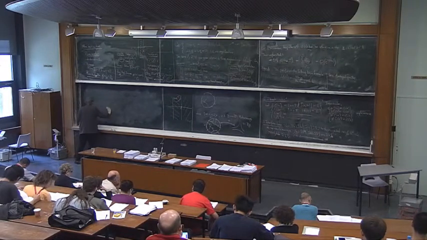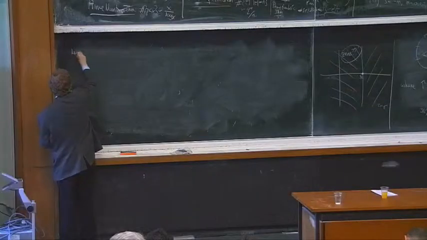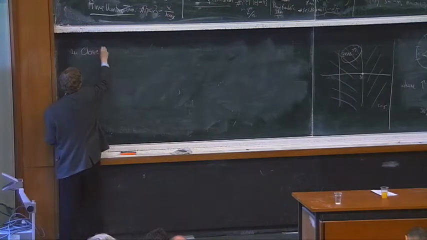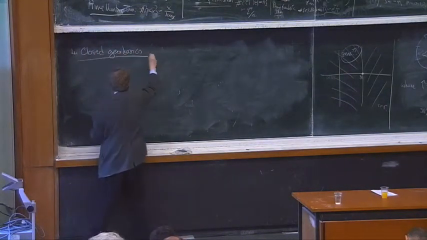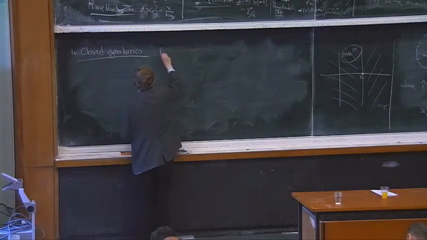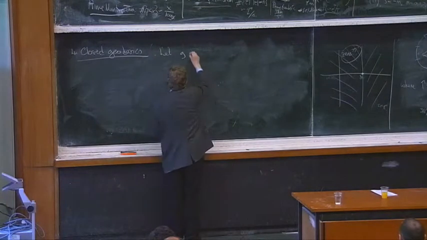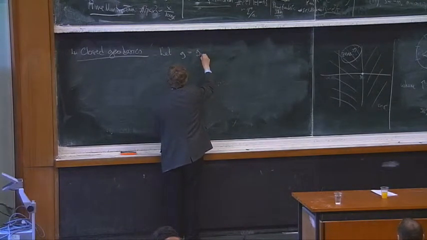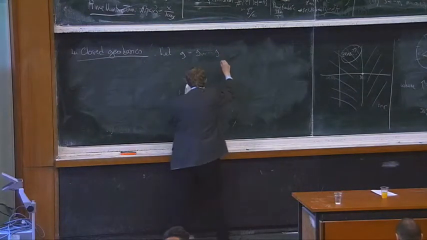So if we're interested in closed geodesics, we can do it as follows. Let's assume that we have an element of the group. So let's say this is an element G. He's made up of generators, G1 composed up to Gn.